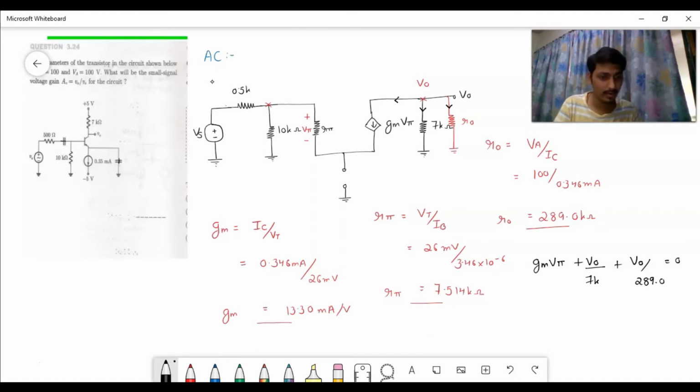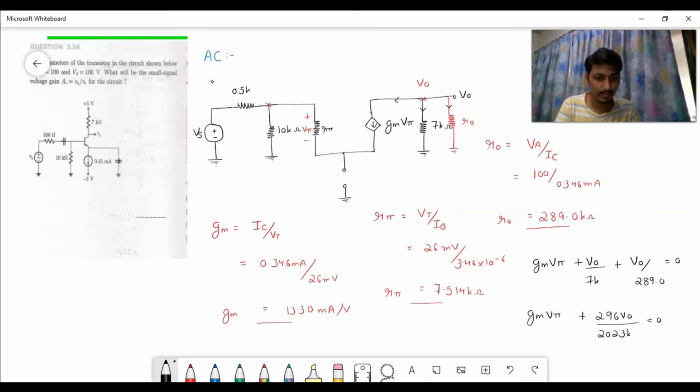So V0 on one side: gm V pi plus V0 times (289 plus 7k), which is 296k, by 289 times 7k, equals 0.